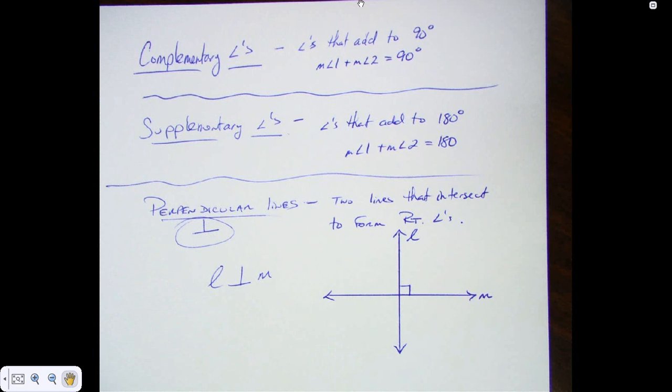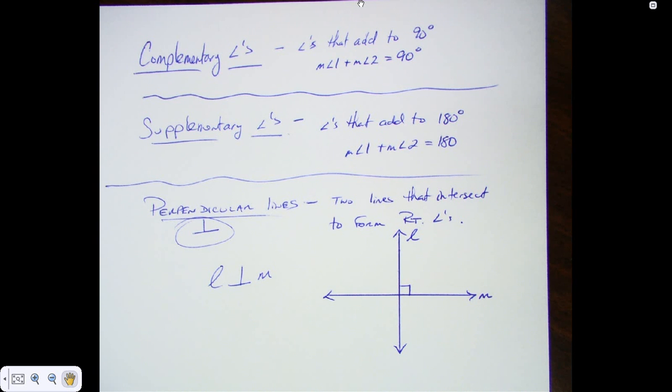What do you think the complement of a 30-degree angle is? I know I haven't told you what complement means, but I want you to use common sense. If you had forgotten all about that, but you remembered this, and you said, hey, what's the complement of a 30-degree angle? What would make sense? A 60-degree angle.